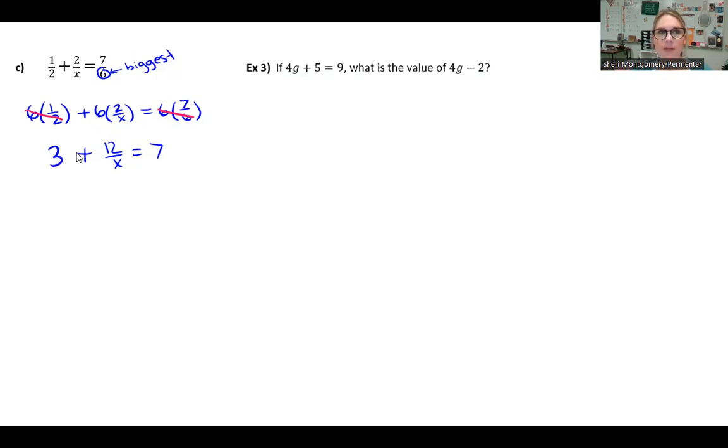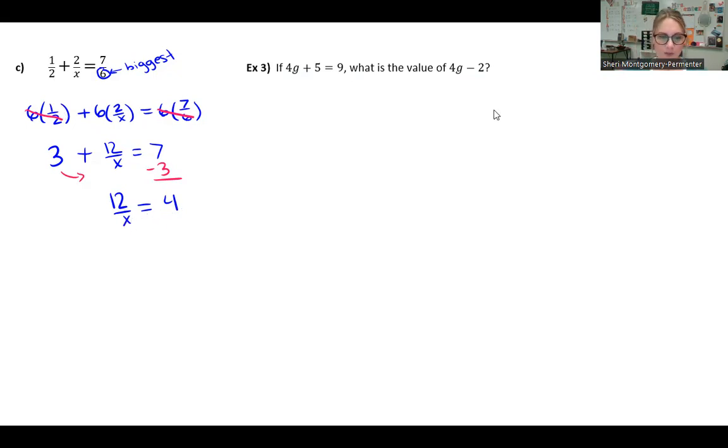So first step, I have this 3 over here, so I need to get the 3 to the other side. Yes, ma'am. Seven minus 3 is 4. There is a trick that you can do when your denominator has the variable. These can trade places.